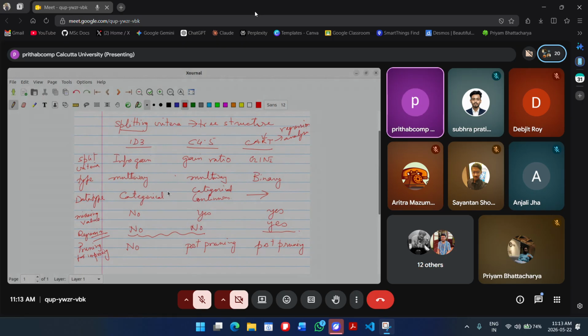Just 1 second. Okay, can you see? Or has it gone from the screen?